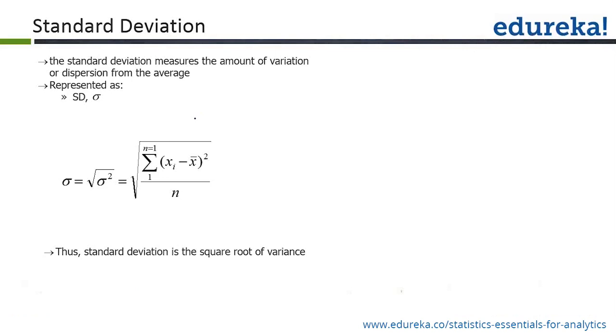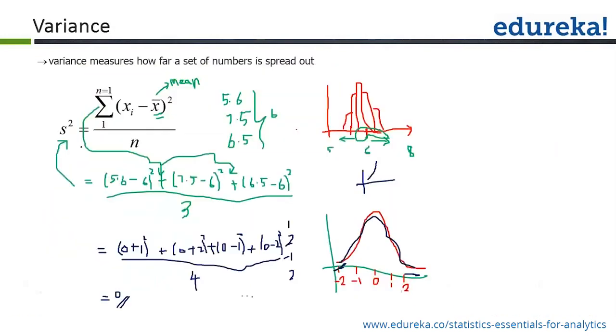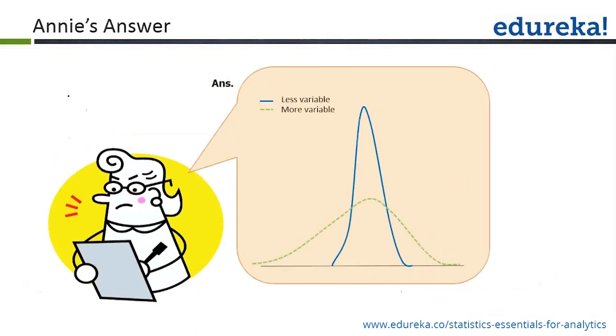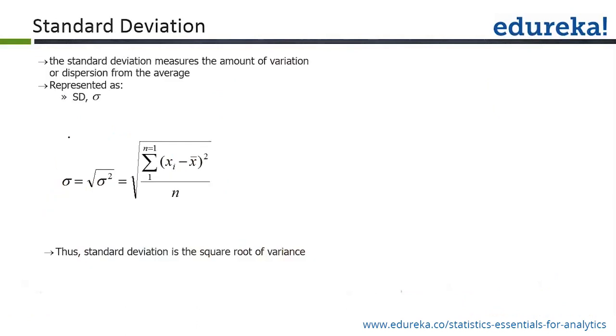So to make a meaningful interpretation, or to make the ideas related to variability simple, people have proposed just taking the square root of the previous formula. If you take the same formula and apply the square root, and I am assuming you know square roots, we will not go into how to calculate them.